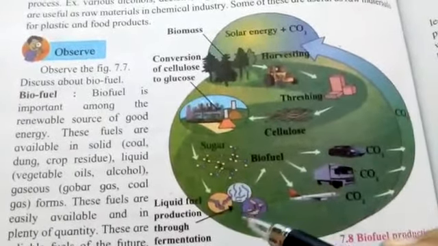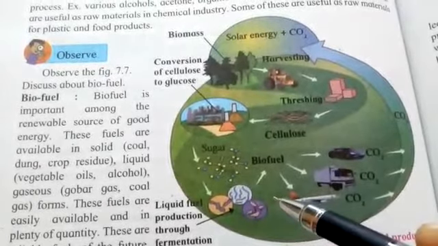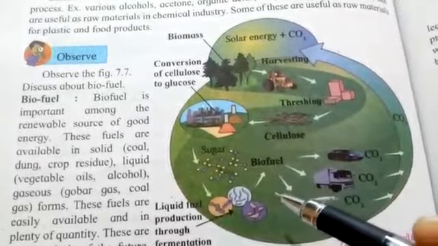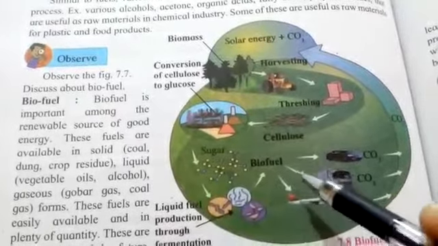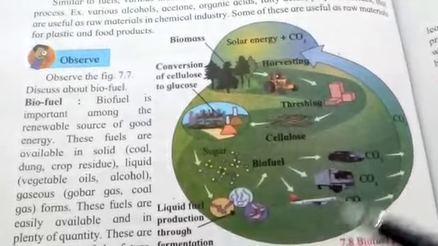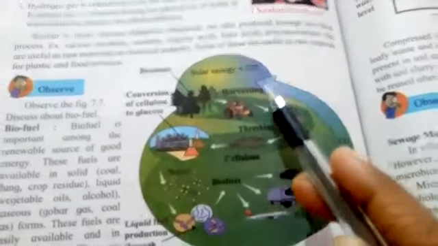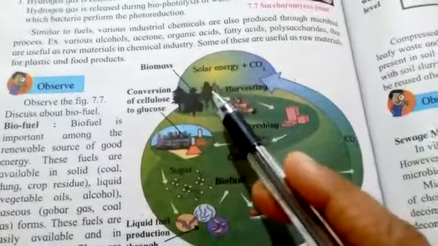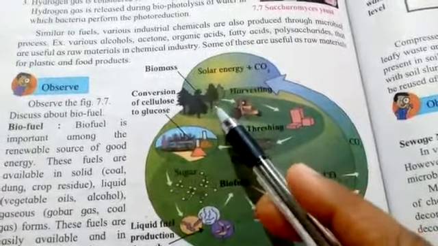Ethanol can be mixed with other conventional fuels like petrol and diesel, and then that will be known as a biofuel. Then that will be used by various vehicles, and this is how it will release carbon dioxide. The same carbon dioxide will go into the atmosphere, and again it will be utilized by the plants in the presence of sunlight for the process of photosynthesis.